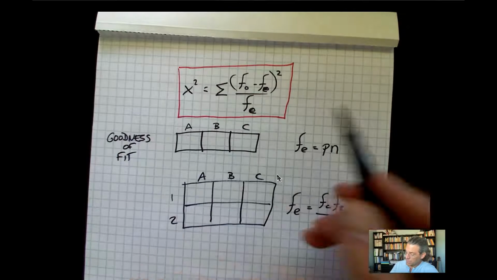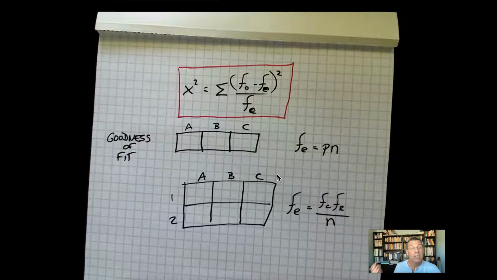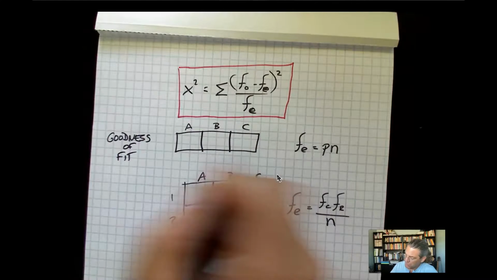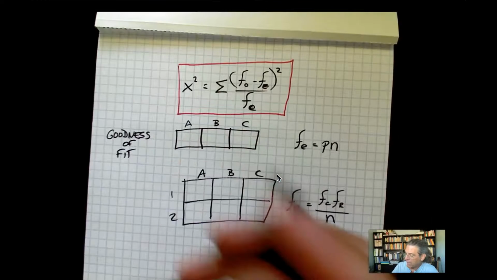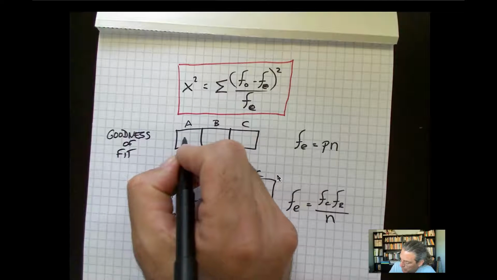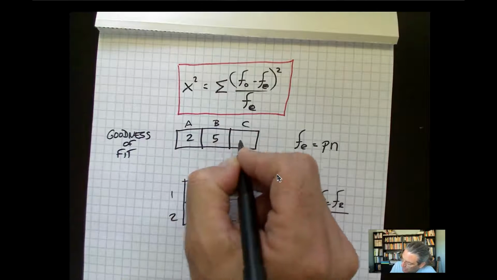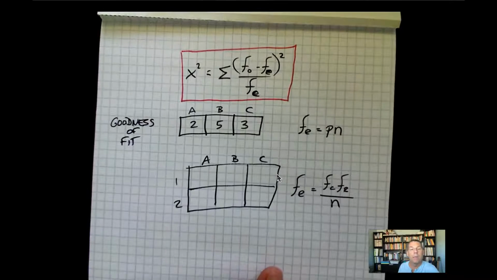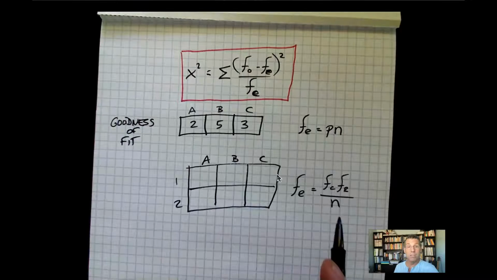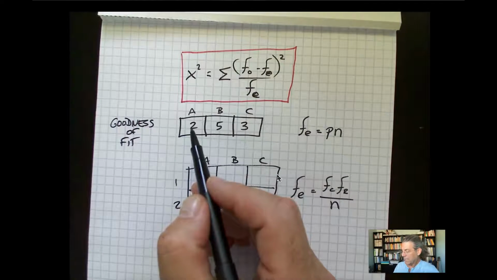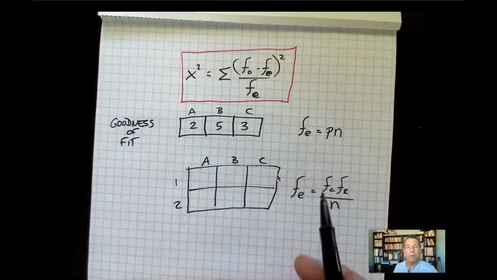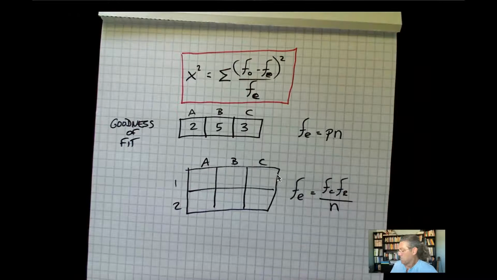All right. So you'll be given in a question the frequency observed. It will have this filled in, and let's say we have 10 total people, and there's 2, 5, and 3. So 2 people selected A, 5 people selected B, and 3 people selected C, right?